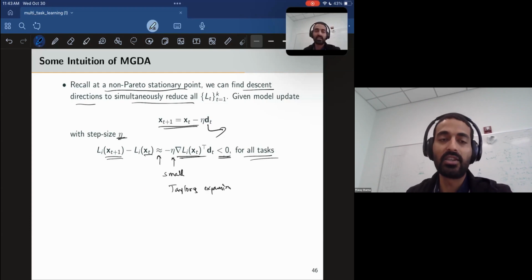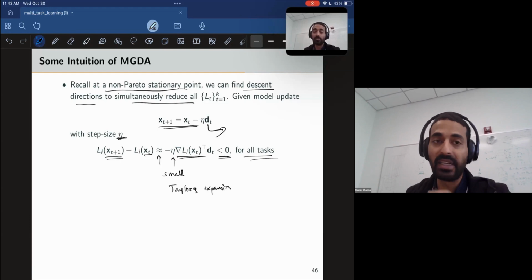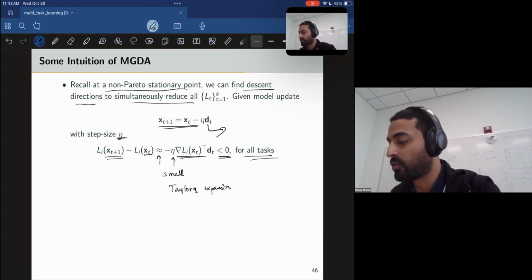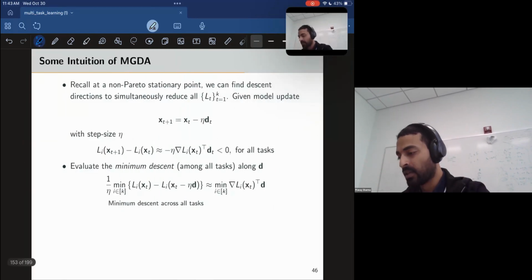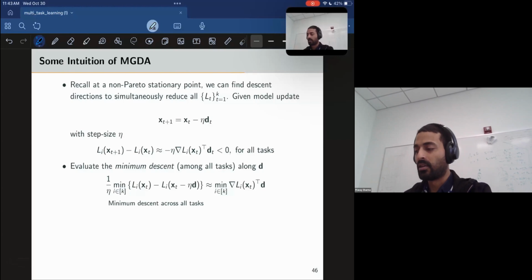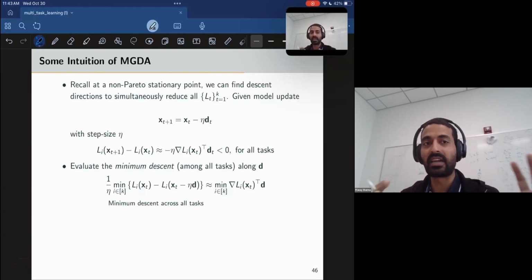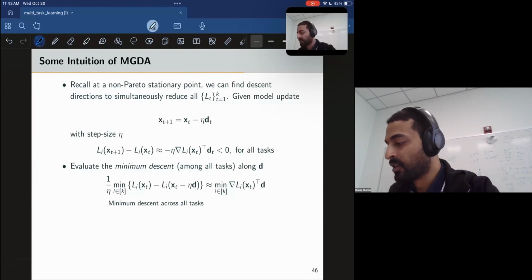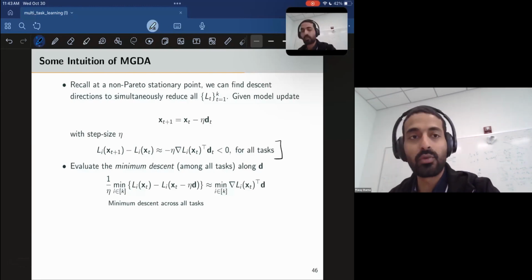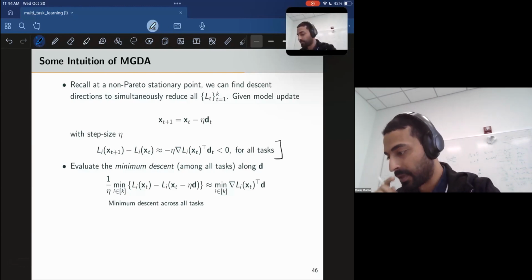This is essentially a consequence of the point being non-Pareto stationary. So far, so good. I'll describe something which would seem slightly different, but I'll connect the two in a short while. Keep this in mind: this is what you get at a non-Pareto stationary point.